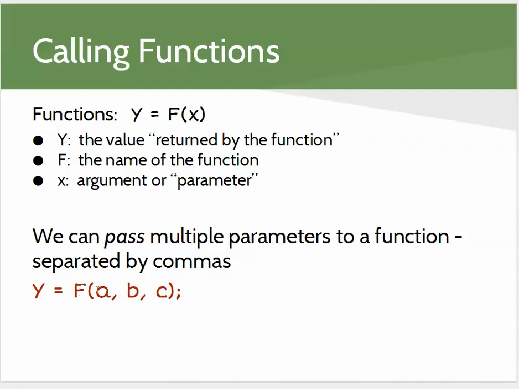So we can have a function that accepts A, B, and C, and those might not even be numbers. Those might be 3 different strings. Those might be 2 numbers and a string. But that function is going to take that input and transform it. It's going to compute based on code, and we'll later learn how to actually write our own functions, but it's going to use some C++ code to take those parameters and transform them into some value y.